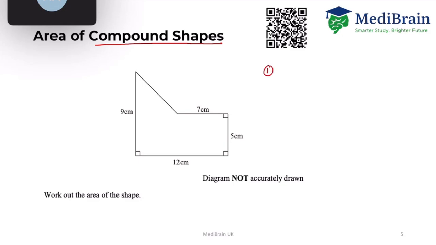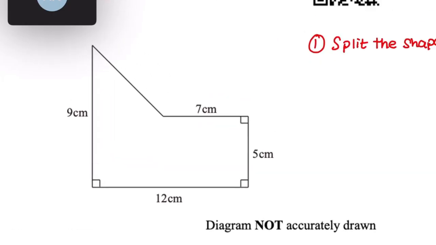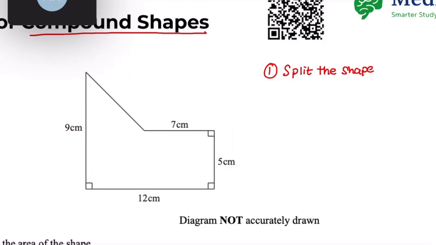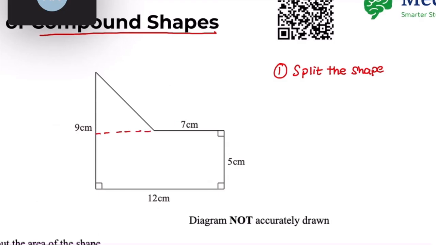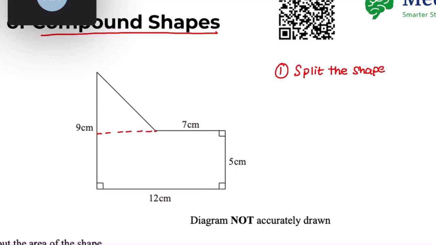Well, step one, all you have to do is split the shape, and you can split it in whichever way you want. Over here, I'm going to split it horizontally, because if I split it horizontally, I can see I formed a rectangle and a triangle.